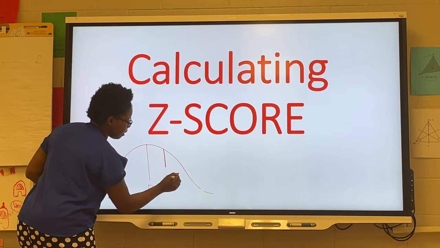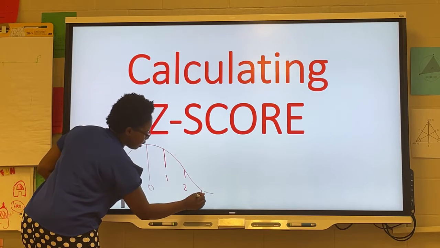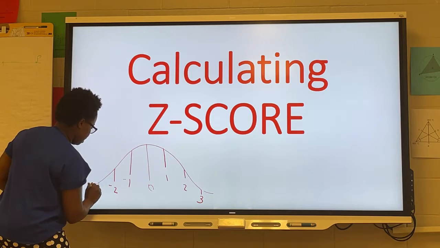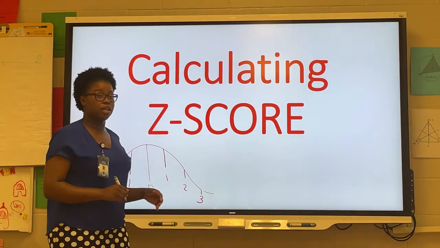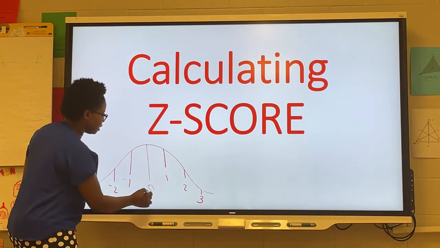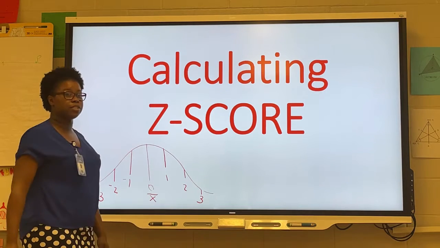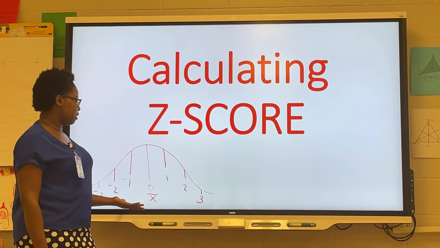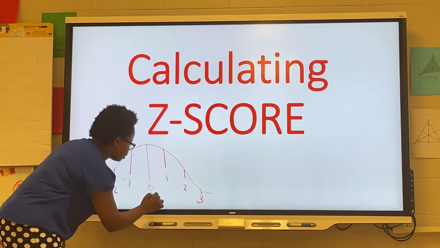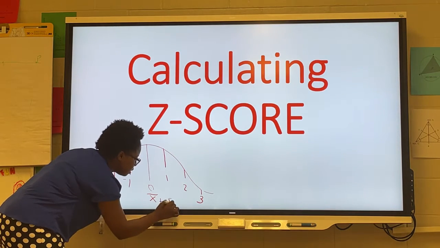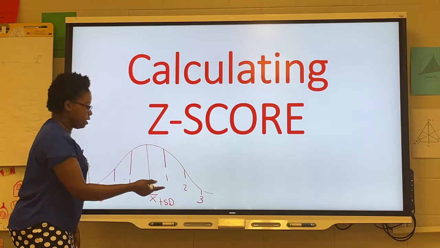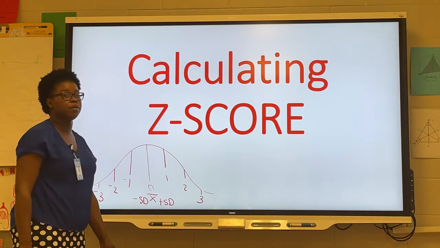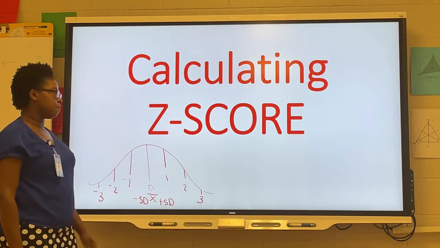So I'm going to write my 3 here. With the standard deviation, you need to examine the center as your average or your mean score. So when drawing your bell curve, you add your standard deviation to your right, and you continue adding this. Then when you go to your left, you subtract your standard deviation from the mean, and you keep subtracting.